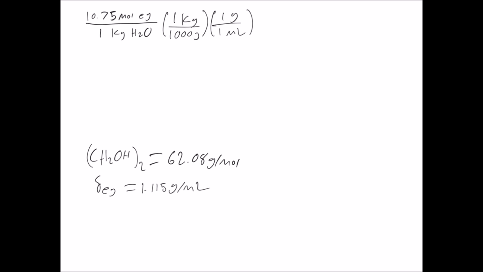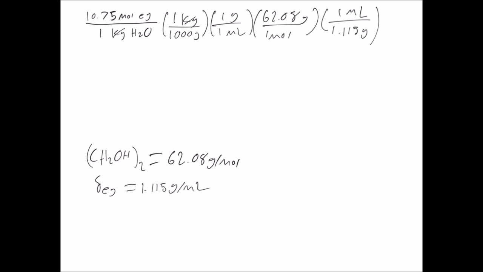So we have the 10.75 moles of ethylene glycol, so let's convert that into grams. So we have the 62.08 grams over 1 mole, and then let's convert that into a volume with the density. Before we calculate this out, let's just make sure our units cancel.